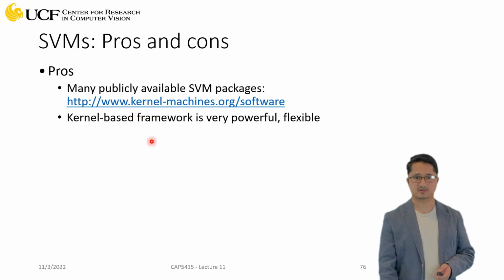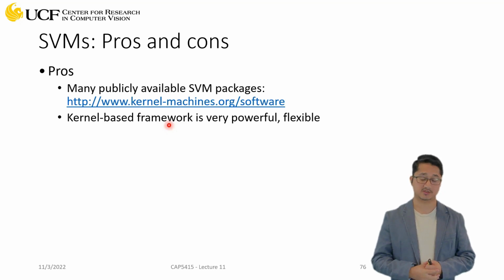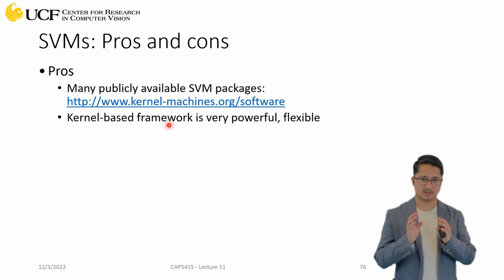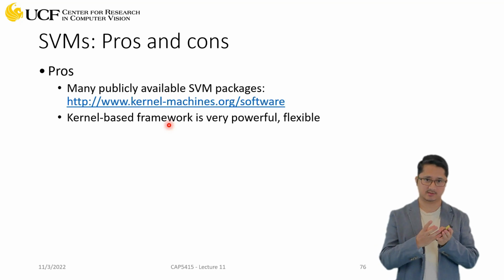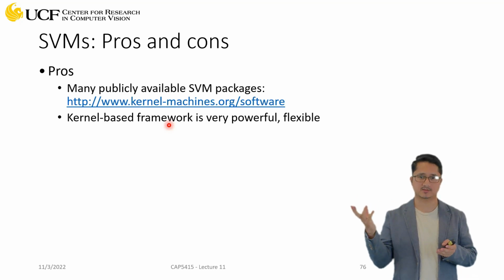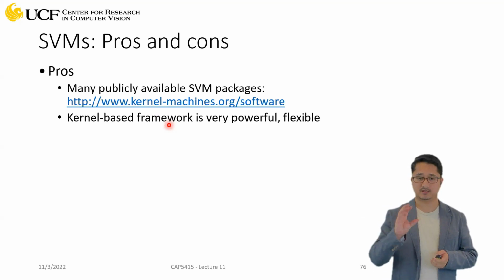The idea of this kernel-based framework, the transformation, is very, very powerful. It's very flexible, and it allows you to learn very complex decision boundaries. No matter how complex the decision boundary is, if you project it to a high dimensional space, it might turn into a very simple, linear boundary. That idea is very powerful.